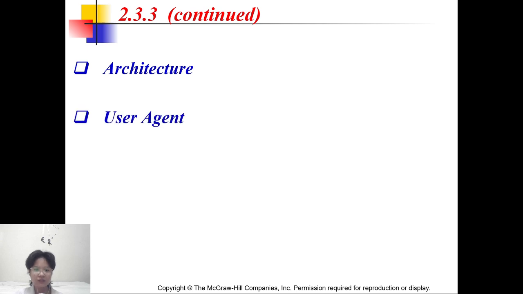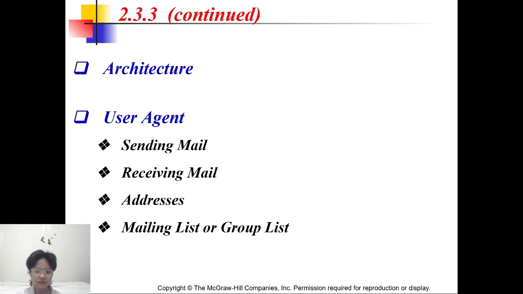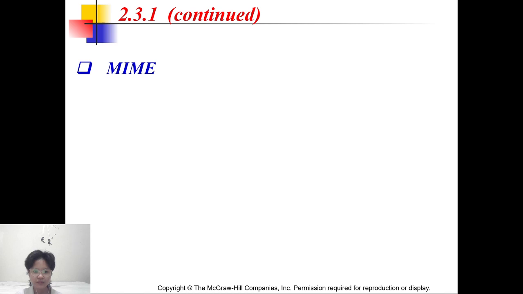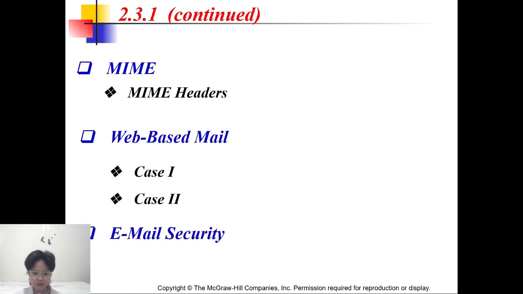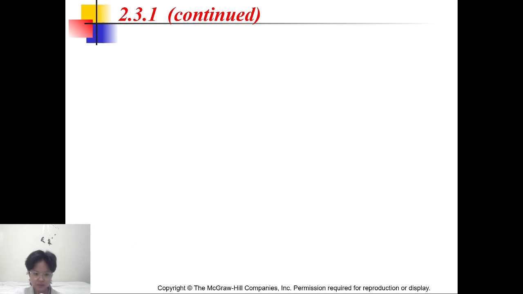Another outline is architecture, user agent, with sending mail, receiving mail, addresses, mailing list or group list, and MIME header, web-based mail case 1 and case 2, and the last is email security.